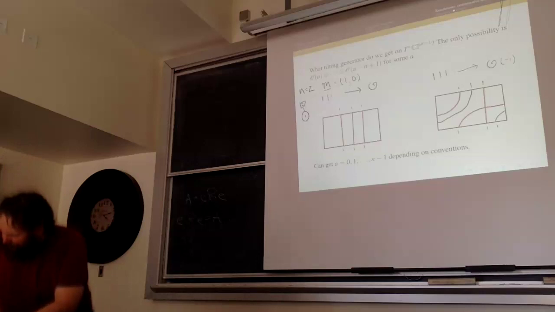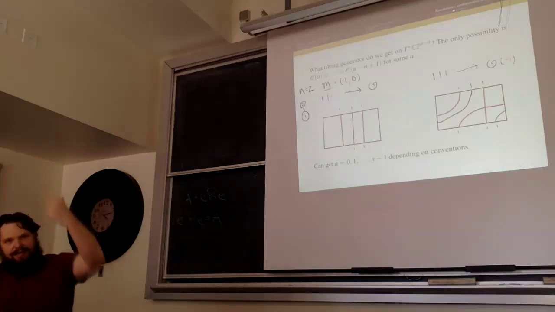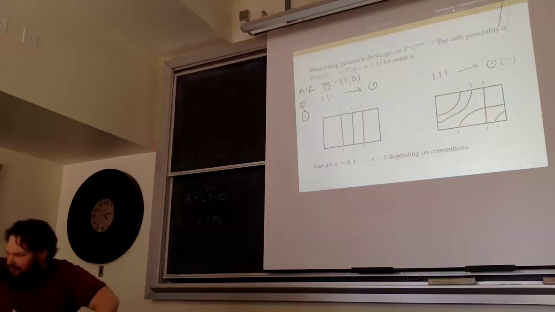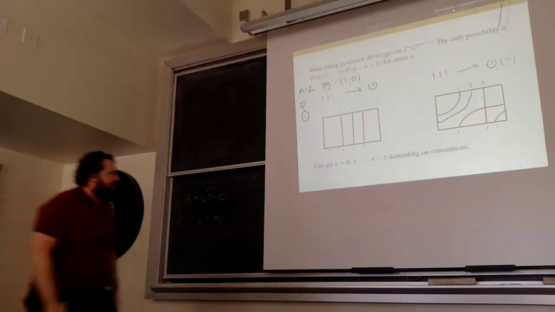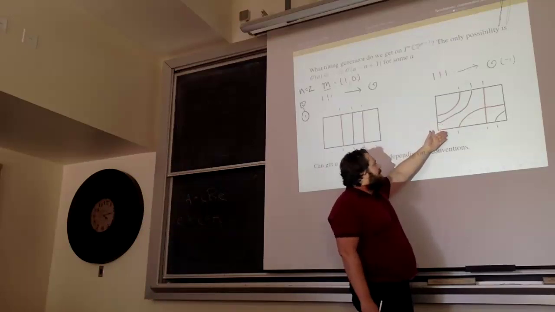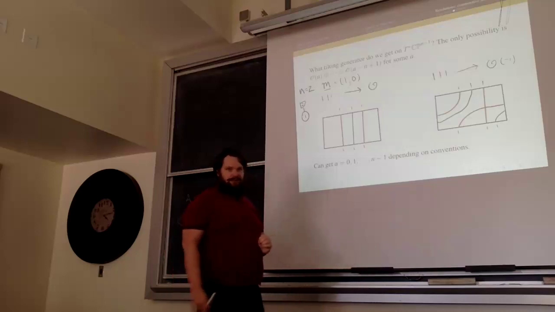What would I do? I would think about what happened as I did more and more wrapping around, and I would see that I was getting, right? So somehow the point is this guy. Why do I believe that this is an isomorphism? Because it's the only thing I can do that doesn't cross any red strands.